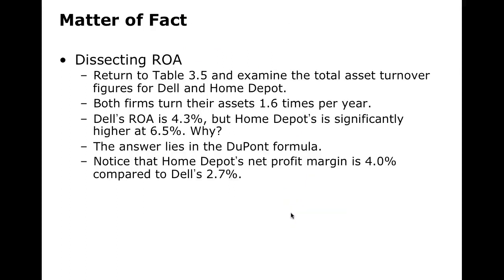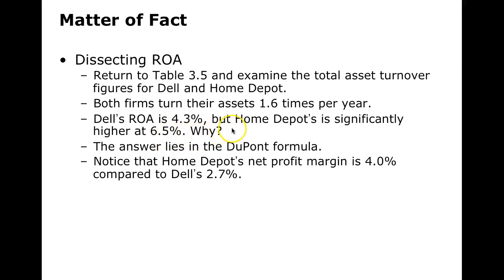Okay, so dissecting the ROA, which I was doing before, we want to examine both firms. If we look at table 3.5 from the textbook, which was this previous table, we can examine the total asset turnover for Dell and Home Depot. So both firms have assets turnover of 1.6 times a year, and Dell's return on assets is 4.3, Home Depot's is 6.5.